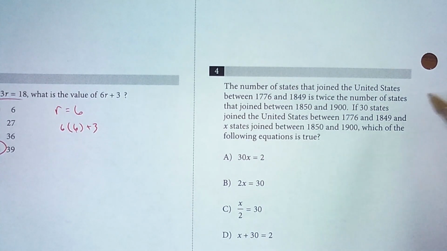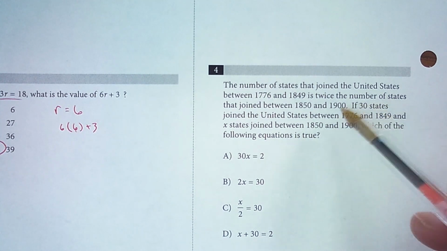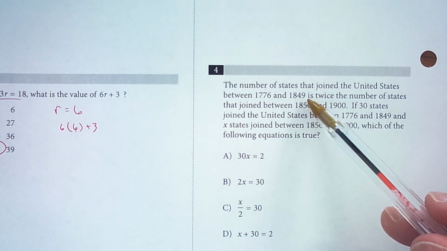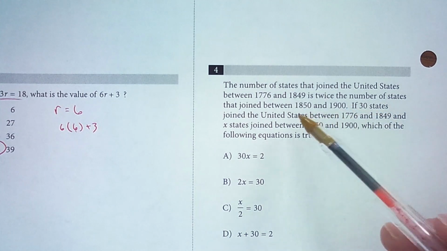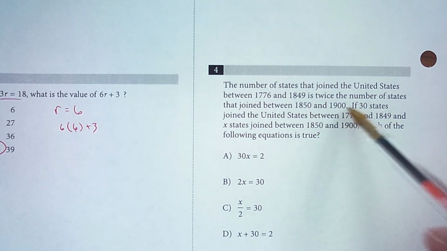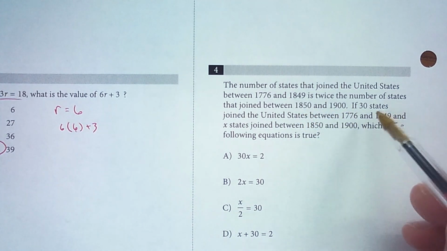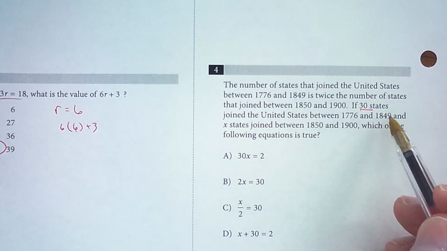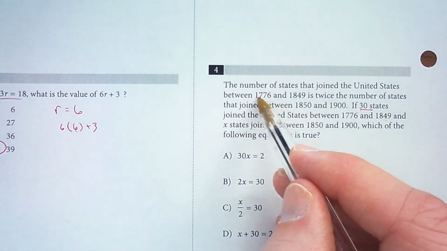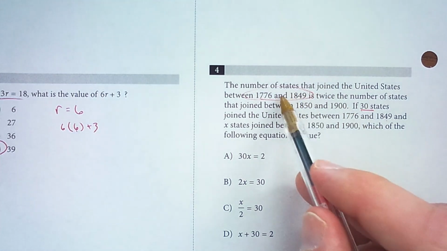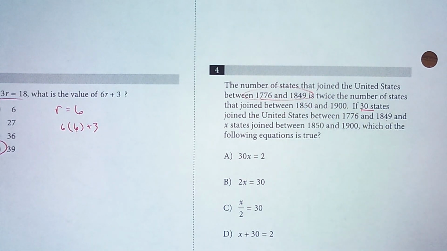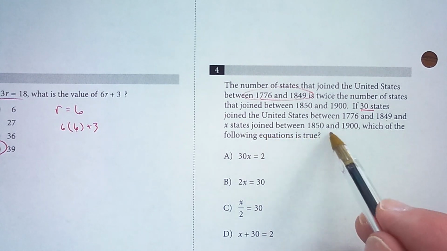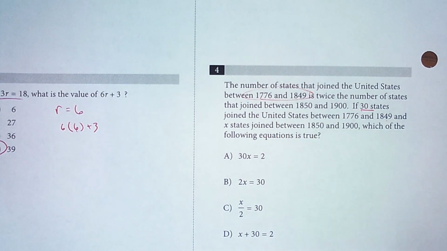The number of states that joined the United States between 1776 and 1849 is twice the number of states that joined between 1850 and 1900. If 30 states joined between 1776 and 1849, so in this group of years there were 30 states, and X states joined between 1850 and 1900, which of the following statements is true?